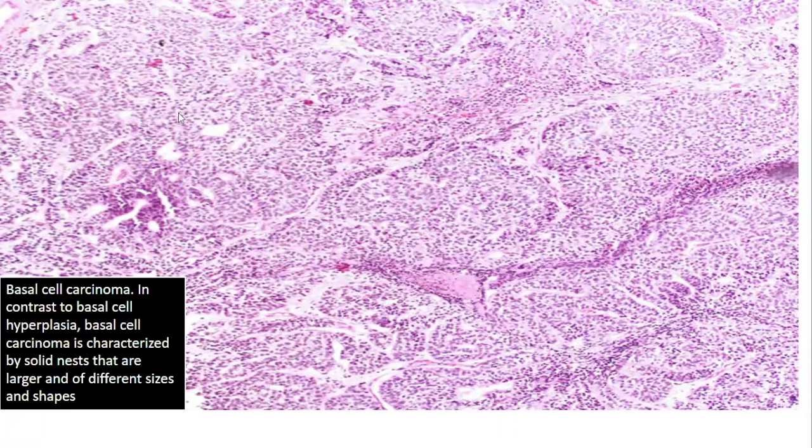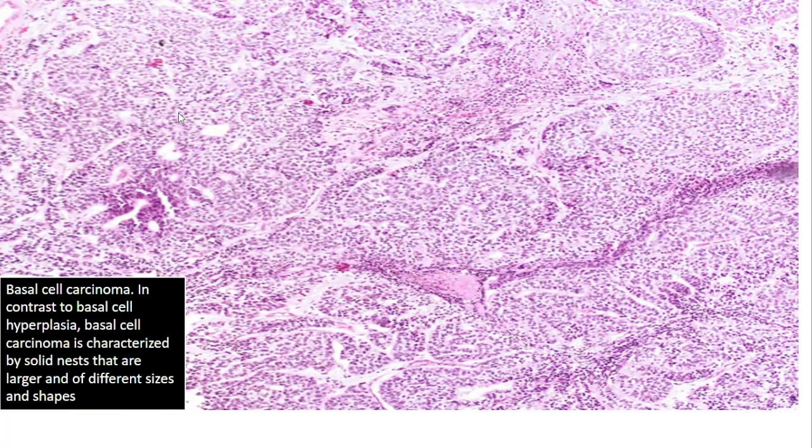Another differential here is basal cell carcinoma. In contrast to hyperplasia, it is characterized by more confluent, more solid growth of cells of various sizes and shapes, and there would be presence of necrosis and atypia. Ki67 in these cases would be very high compared to basal cell hyperplasia.